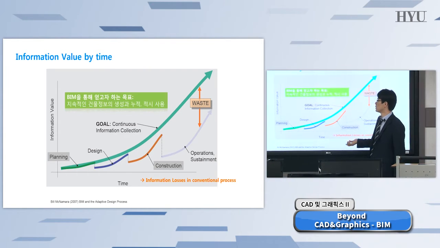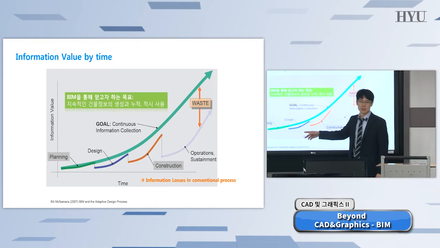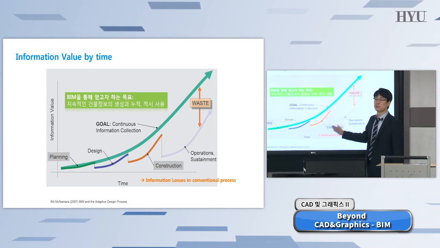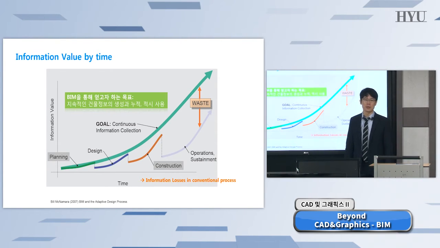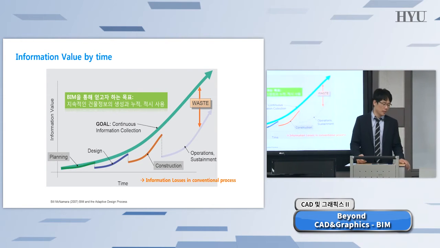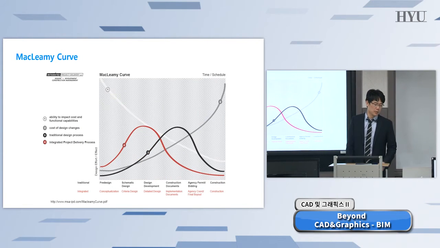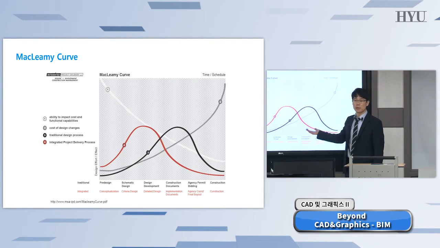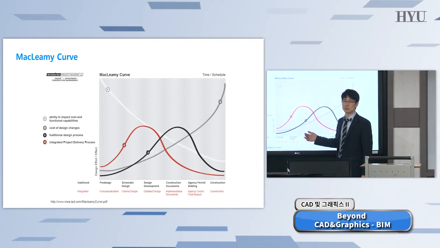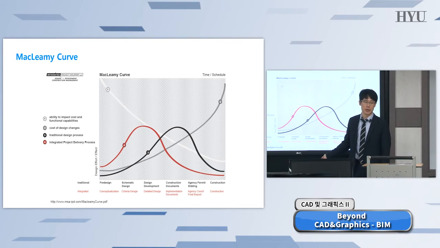That's my point. We need to accumulate seamless information collection regarding building lifecycle, okay? That's the main goal of integration using building information modeling. Another diagram, this one is the McLeamy curve. McLeamy is the former CEO of the famous worldwide design firm named HOK, okay?